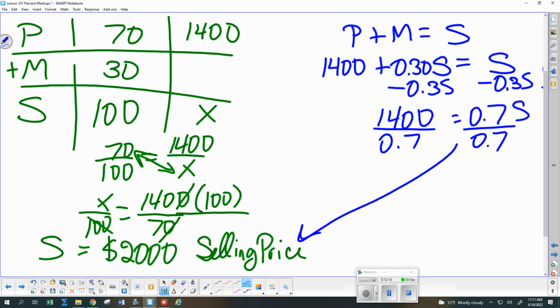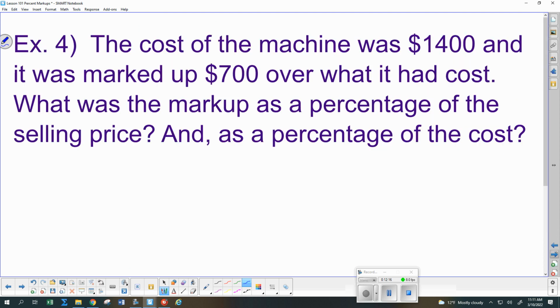Okay, last one's a little bit different in what they ask us to find. They ask us to find the percent for the markup. And then they actually ask us to do it two different ways. So the cost, so P plus M equals S. I'm going to do my actuals here, I think. Just switch my left and right columns. The cost was 1400.